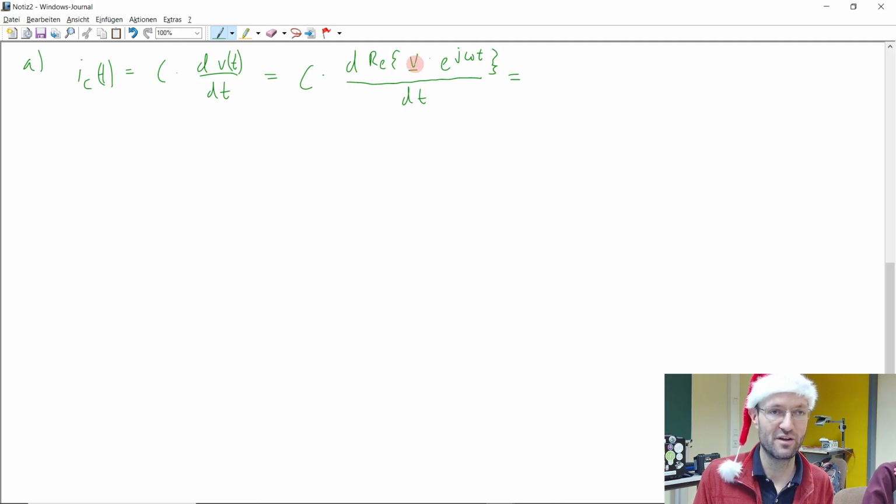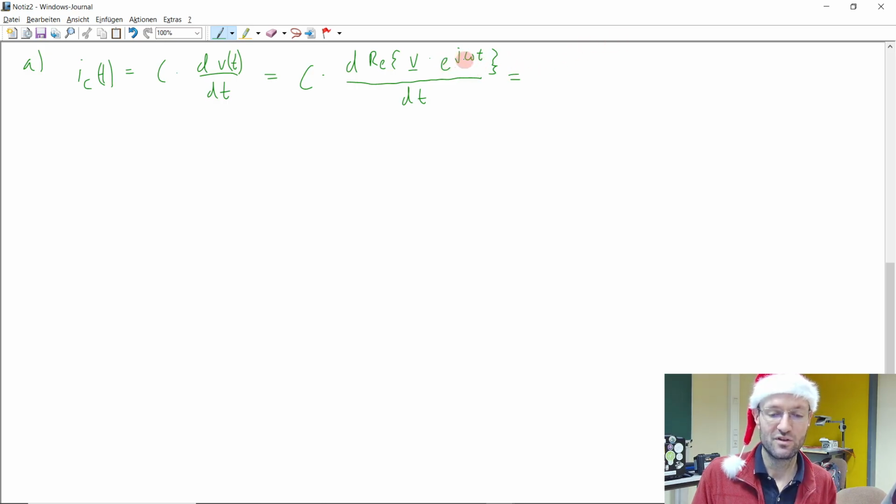It's a stationary phasor. There's just amplitude and phase in there. So we can move this out of the time derivative. And we can also change the order between the time derivative and the real part. If you calculate the derivative of the complex function first and then take the real part, or you take the real part first and calculate the time derivative, it does not make any difference.